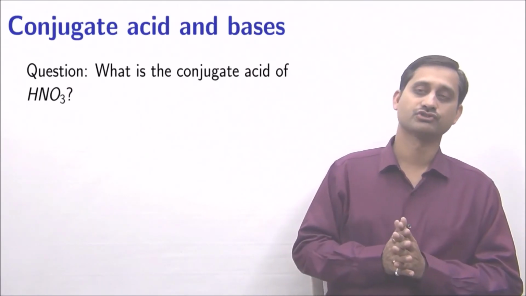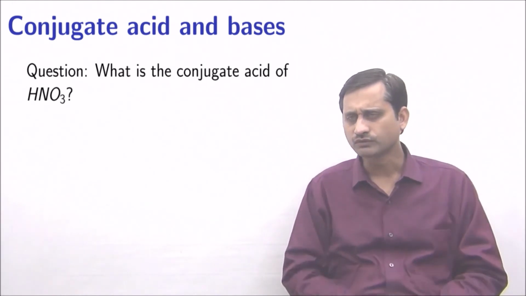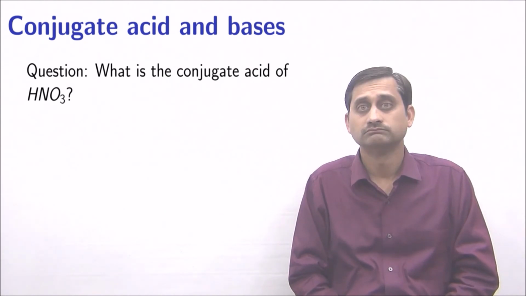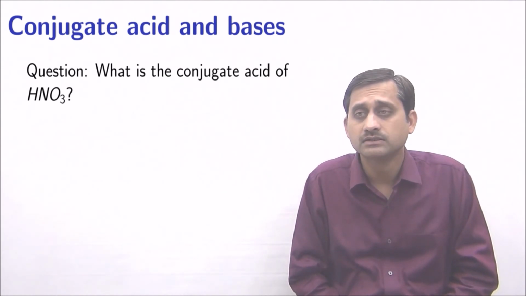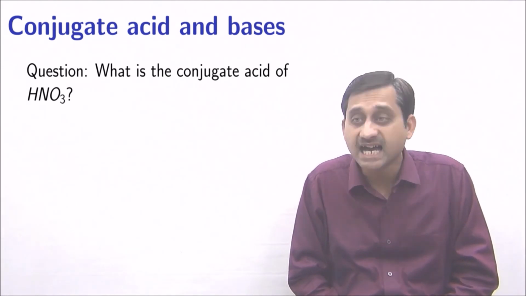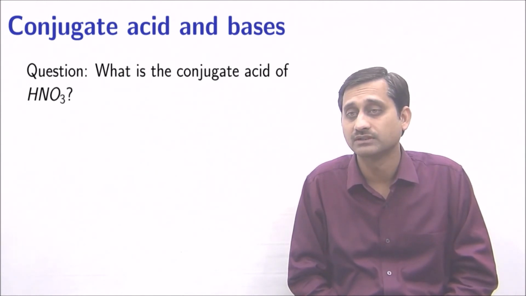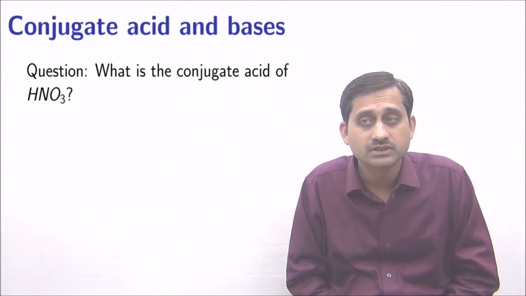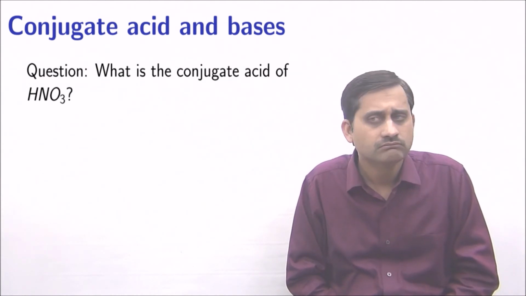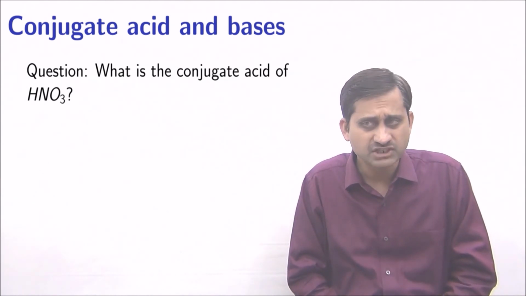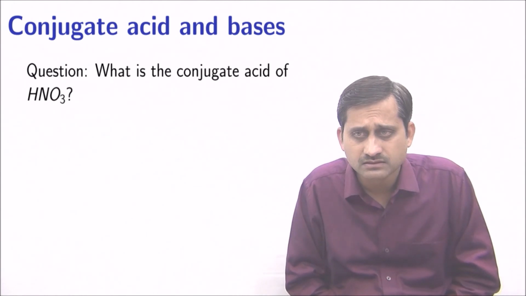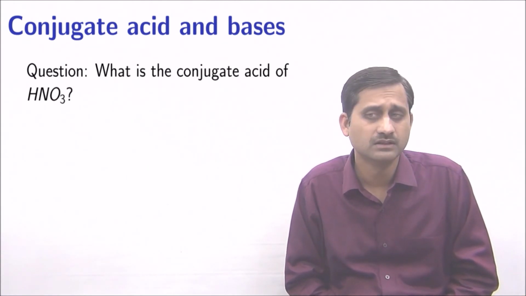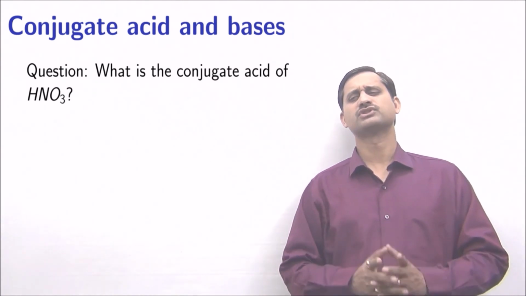Now, a question. What would be the conjugate acid of HNO3? Yes, you have heard right. Conjugate acid of HNO3. I think you are getting confused. Don't we know that HNO3 is an acid? Is the question right? Well, are we bothered if the question is right?